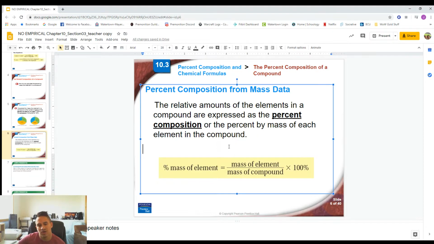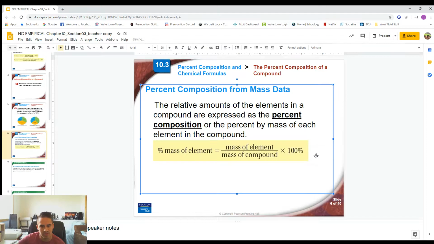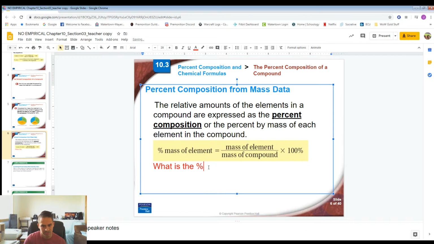So for example, if I asked you, what is the percent of H in H2O?